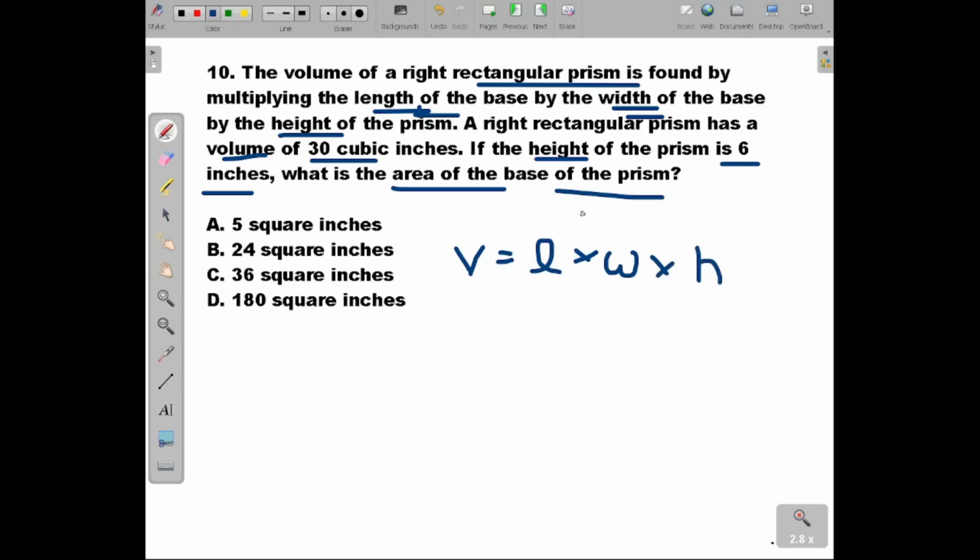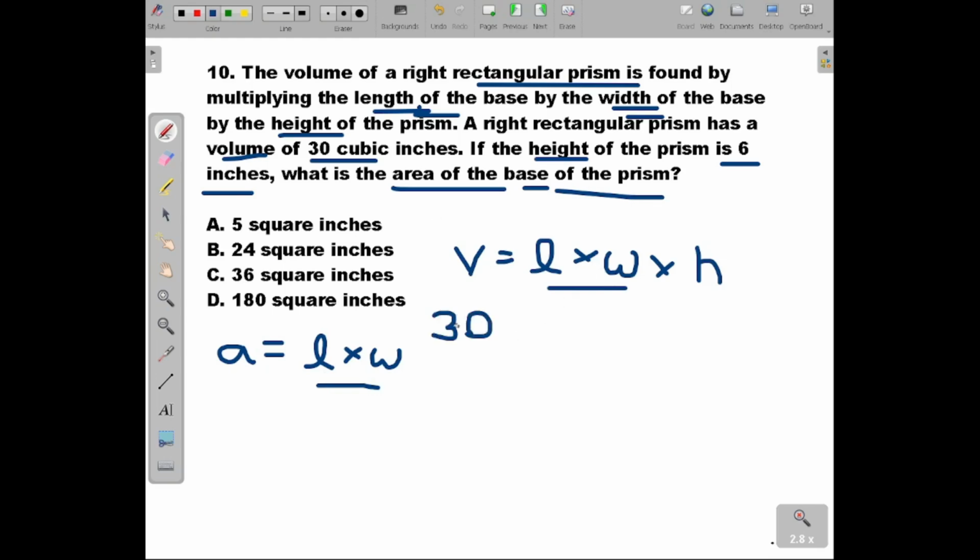And we want to find the area. The area is equal to the length times the width of the base of the prism. Which is this length times width.